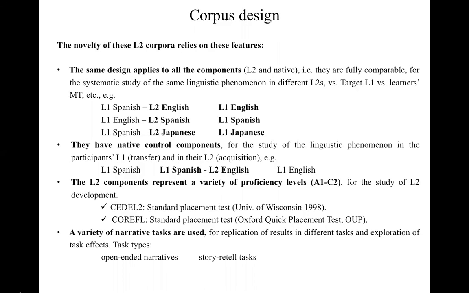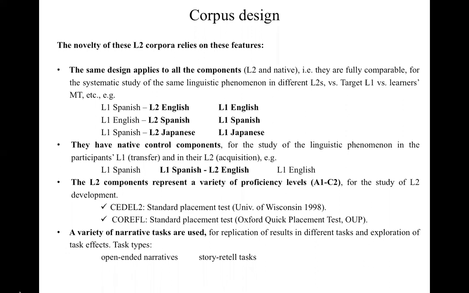Now, I'm going to say a few things about the corpus design. The novelty of these three L2 corpora relies on a number of features. The first feature, which I would say is the most important, is that the same design applies to all the components, L2 components and native components. Why so? Because we want to make them fully comparable across the three corpora.